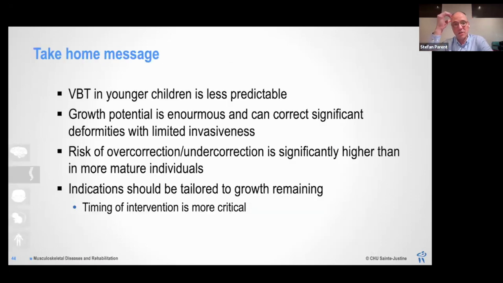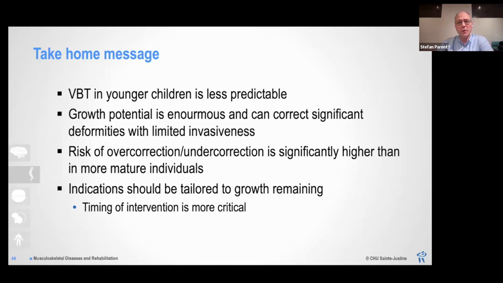So my take-home messages, and I know I've been a bit long, but VBT in younger children is less predictable, so you have to be aware that this is a higher risk. The growth potential is enormous and can correct significant deformities. I've seen patients with very, very significant curves get a lot of correction through a smaller approach through a VBT.